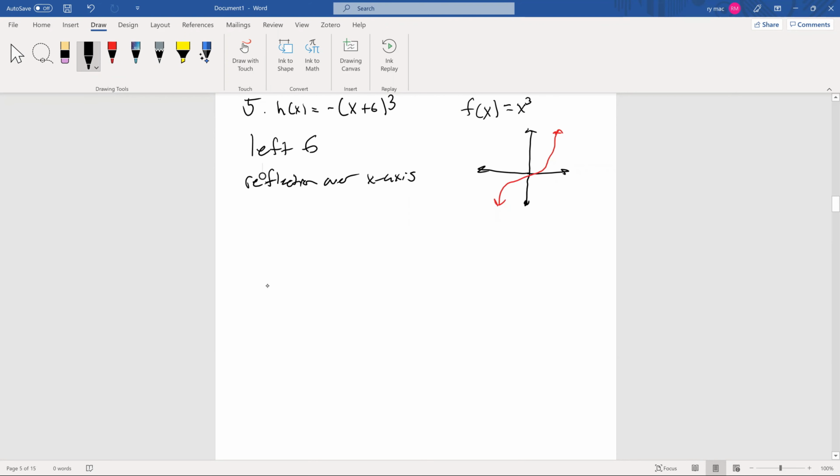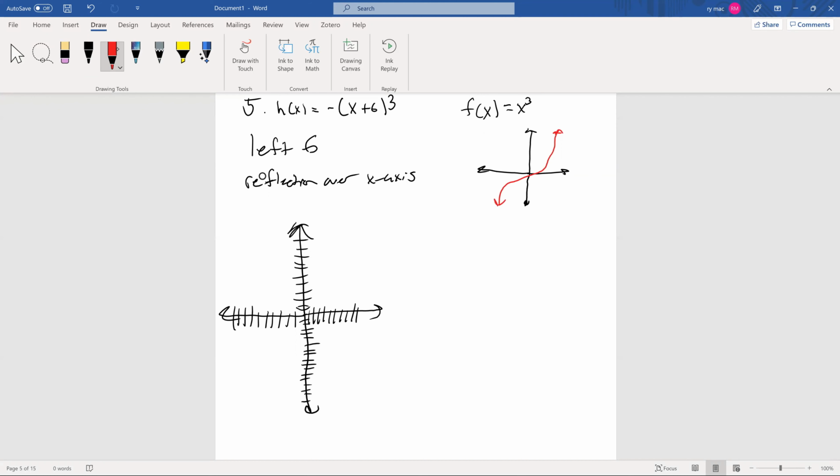So if I get my graphing out, all right. So the first point I care about is my center point. So it's shifting from 0, 0, left 6, no vertical up or down.